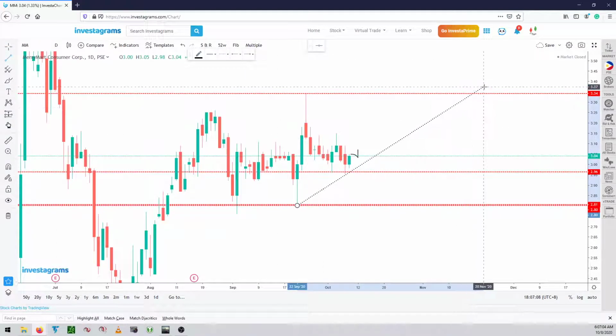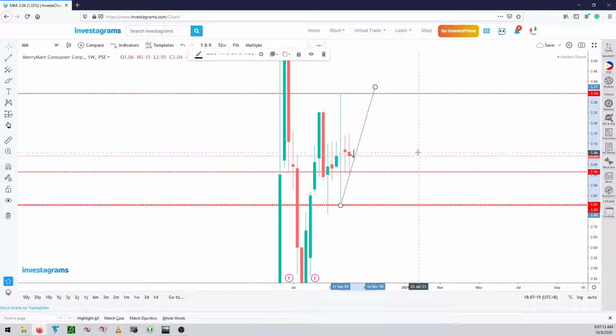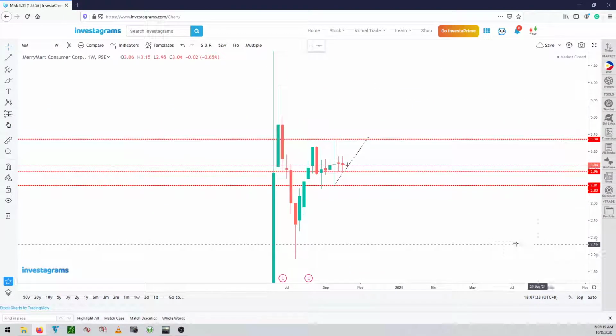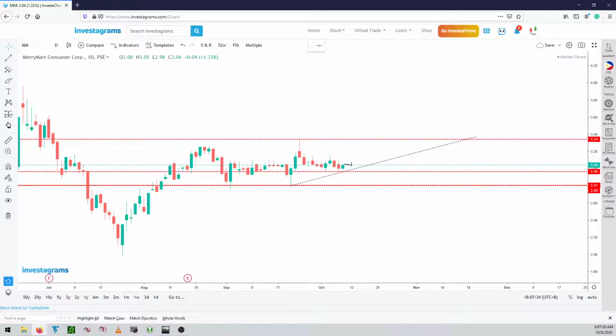If they step in, let's hope it will continue to push up to the upside. Because for me, if we take a look at this on the weekly, there is still some upward momentum for this stock. Right? Although it's pretty sideways, they still have an upward momentum. So I would say, go Merrimart, go, right?